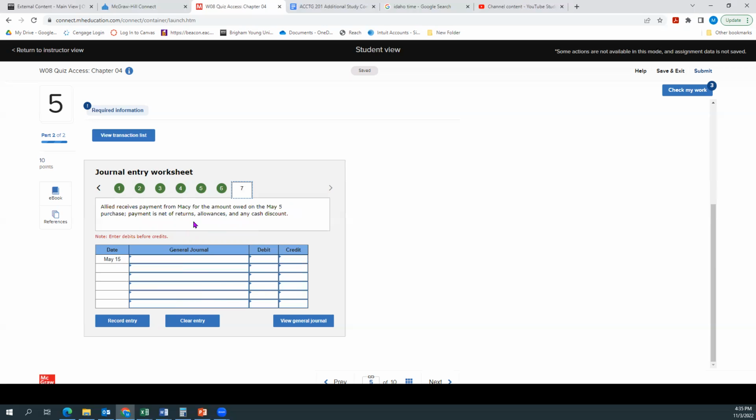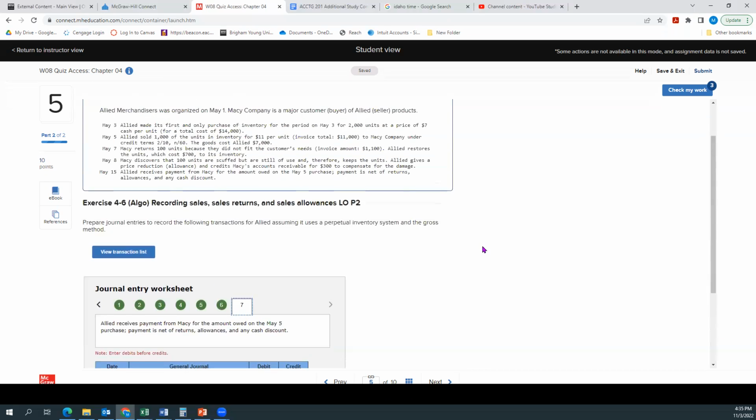All right, finally, Allied receives payment from Macy for the amount owed on the May 5th purchase. So the payment is net of returns and allowances and any cash discount. We ask ourselves, if they made the original sale on May 5th, and now they are paying on May 15th, are they within the discount period? And they are. It's a 2% discount if they pay within 10 days. Then our second question is, how much do they owe us at this point?